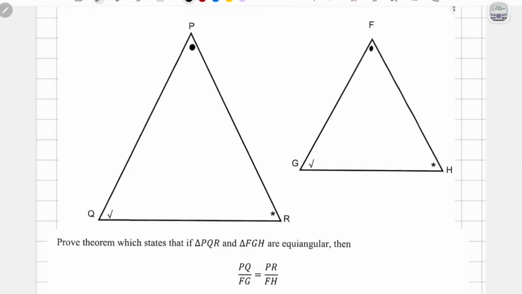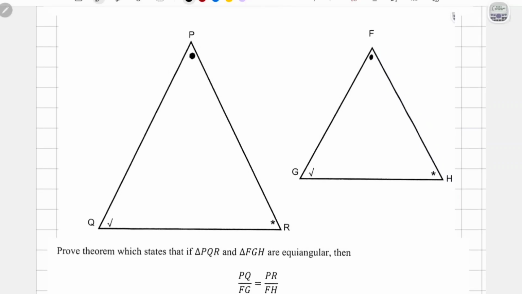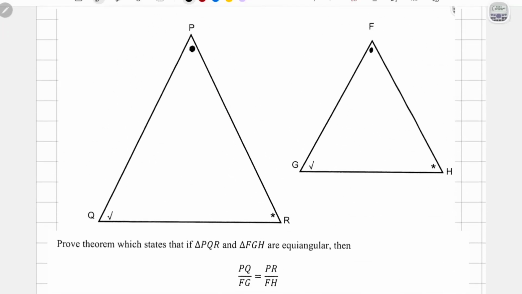Okay, so in order to prove this theorem, the first thing that we're going to do is draw points on this big triangle. You need to make sure you always show whatever you're constructing. So we're going to construct points, and let's just call them points A and B. We're going to draw a point on PQ, and we're going to call that point A. We're going to put it in such a way that PA is exactly equal to FG.